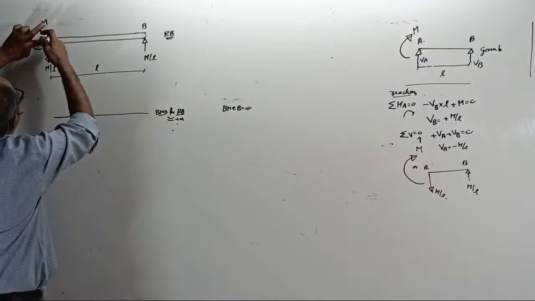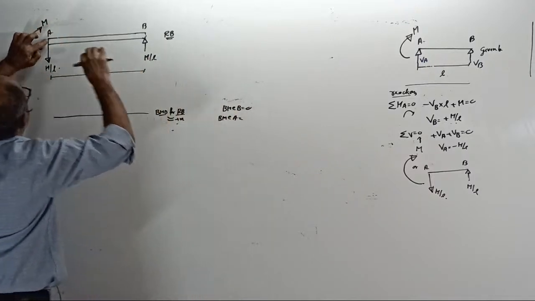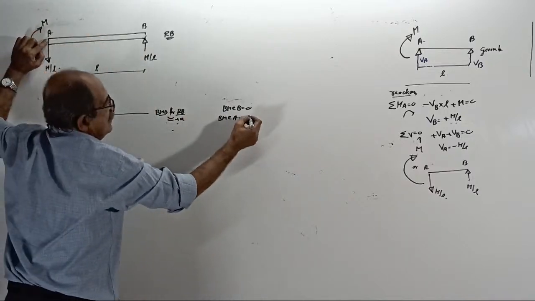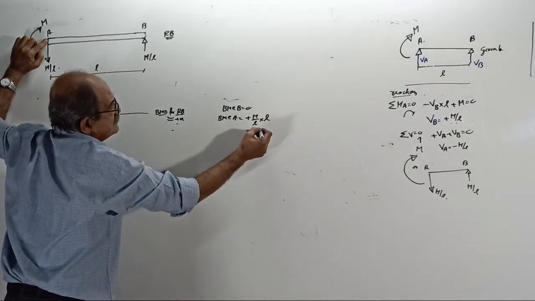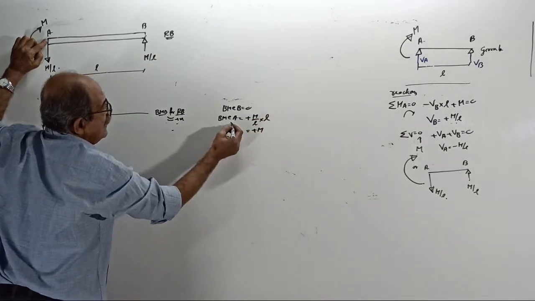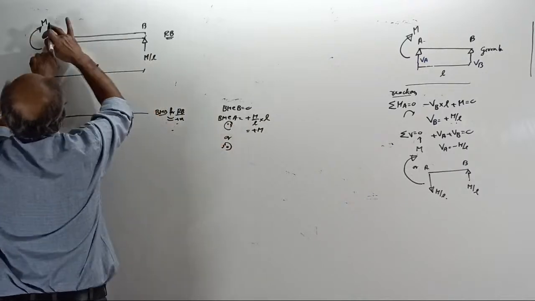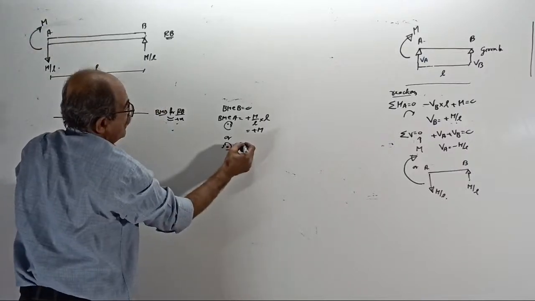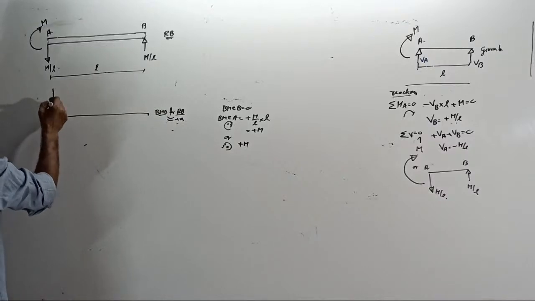After B, come to A. BM at A, if you look that side, is plus M by L into L equal to plus M. If you look left side, you can see here only, it is plus M. So, 0 here, M here.